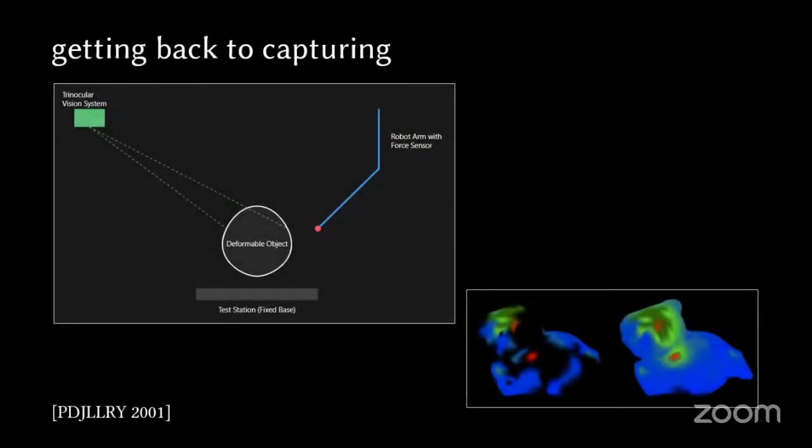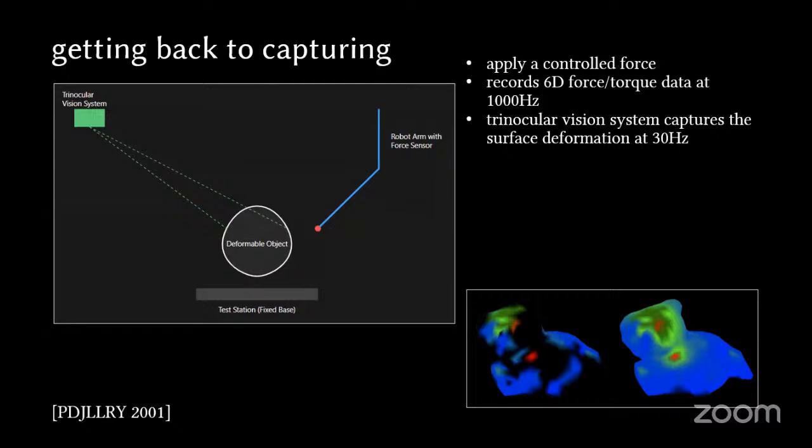Let's get back to capturing for a minute. So now you apply some kind of control force. You have this robot arm, and the surface deformation is measured visually using the stereo vision system that you have. Then you calculate the range from stereo and segment the image into object surface and other things based on the geometric model of the undeformed object.